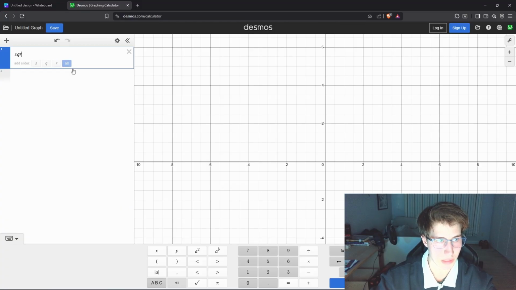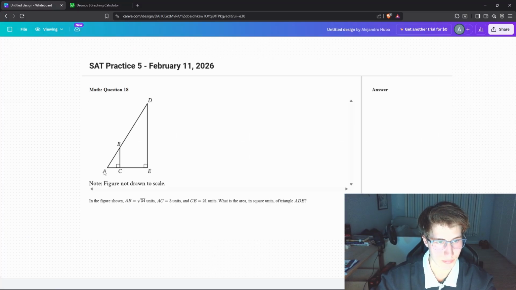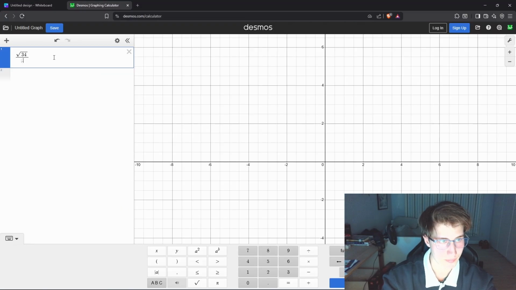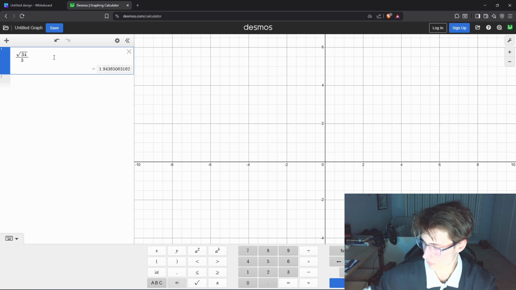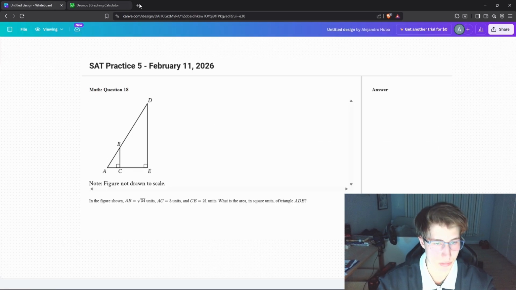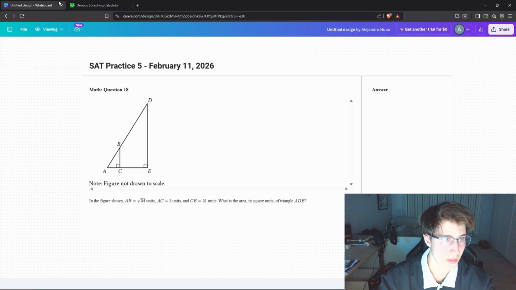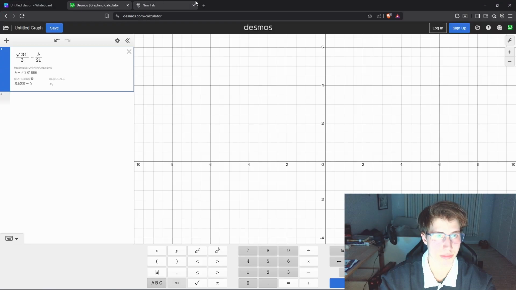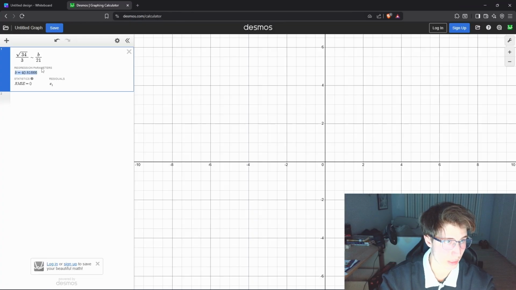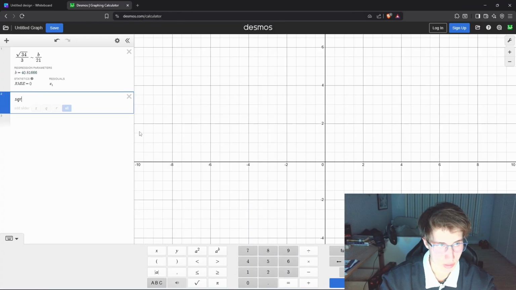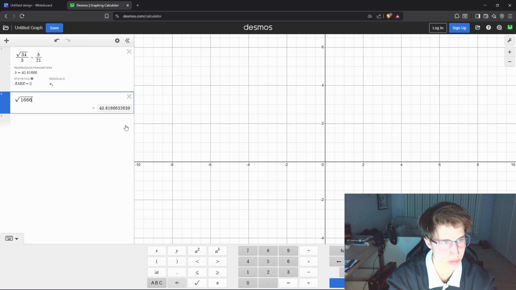So if we know that AB is the square root of 34 and AC is 3, we can then do the regression symbol, and we need to find BD. So we don't know what that is, so we'll say that's B, over CE, which is 21 units, right here. So we know now that B is this number right here, which I think is the square root of 1,666.